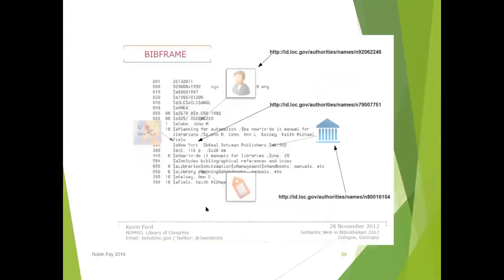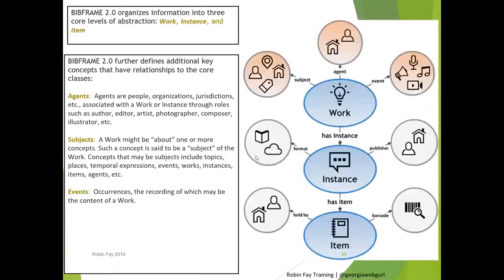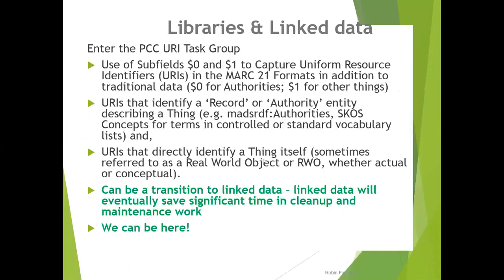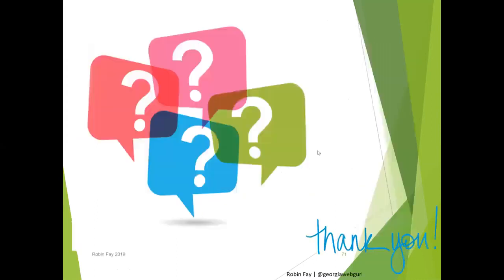And this is what I was talking about in terms of the subject headings and the names that we could actually link to those records now. Subfield 0 if it's an authoritative resource, subfield 1 if it's just something else. This can be a transition point to linked data because we would have that linking field there. And at some point we might even lose the other part of it and just keep the link, or there's some other process that may happen.